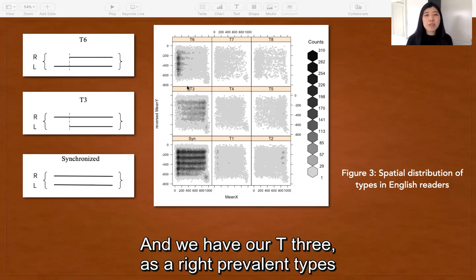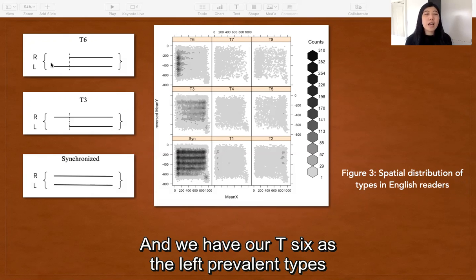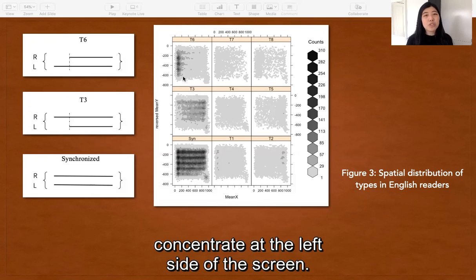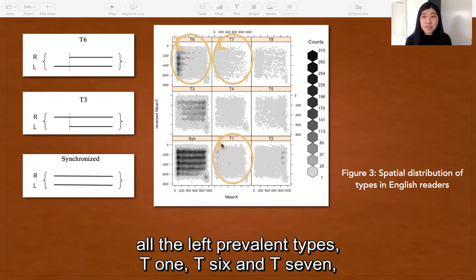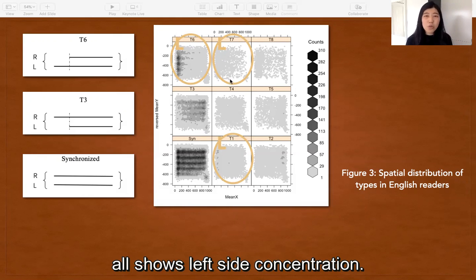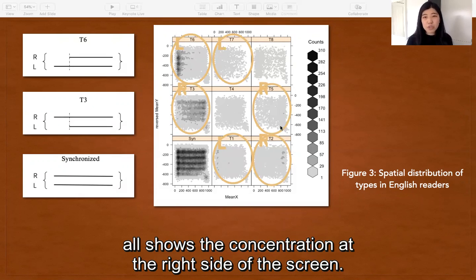We have our T3 as a right prevalent type concentrated at the right side of the screen, and our T6 as a left prevalent type concentrated at the left side of the screen. Interestingly, we also find that all the left prevalent types, T1, T6, and T7, show left side concentration, while the right prevalent types, T2, T3, and T5, all show concentration at the right side of the screen.